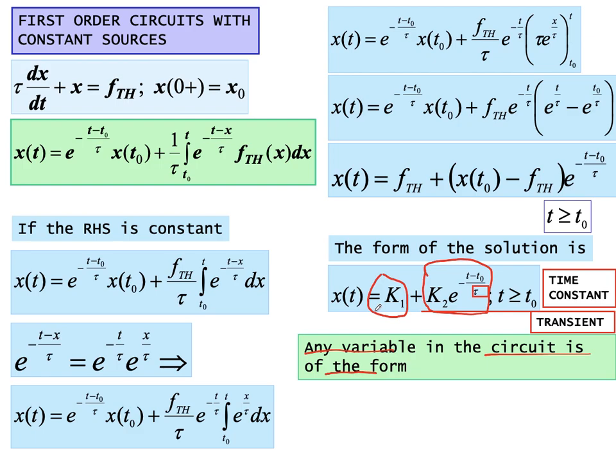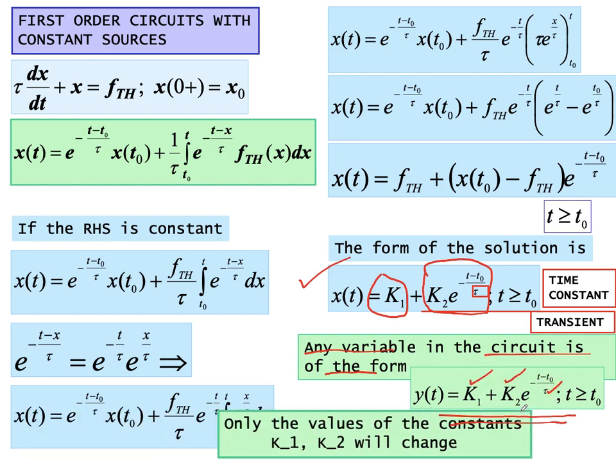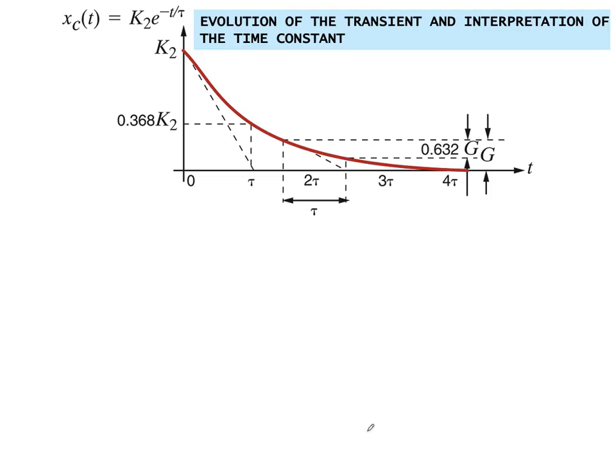If you are interested in finding the voltage across a capacitor or current through an inductor, all the solutions will be of this form. And we are interested in finding K1, K2 and tau. This will be our required answer in all cases where we are dealing with a first order differential equation. This is all that is required in this case.